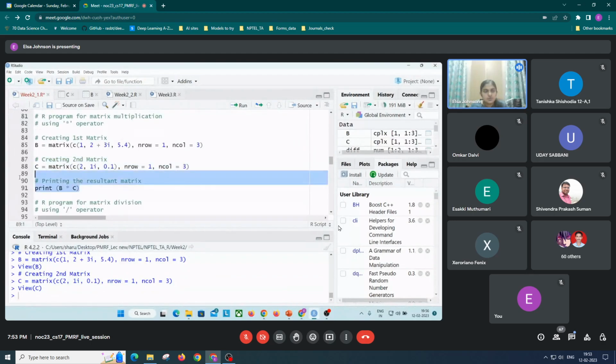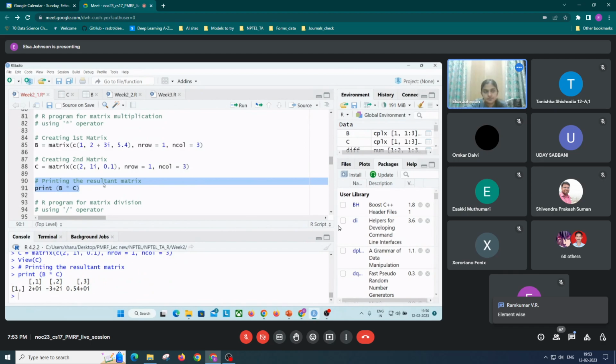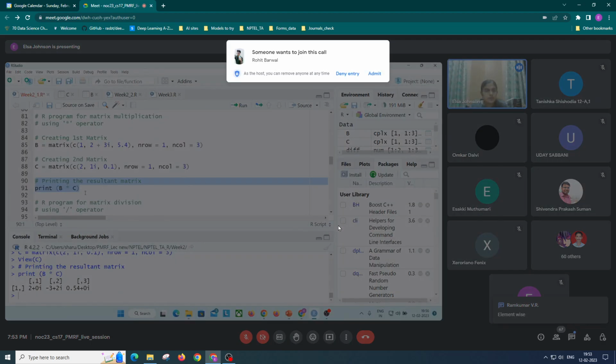Can you tell me what the answer will be if I run this? What will come if I print B star C? What kind of multiplication will I be getting? Yes. If you want element wise multiplication, then you should do a simple star.